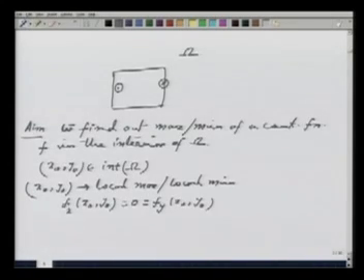Okay. Now I apply the extended mean value theorem.